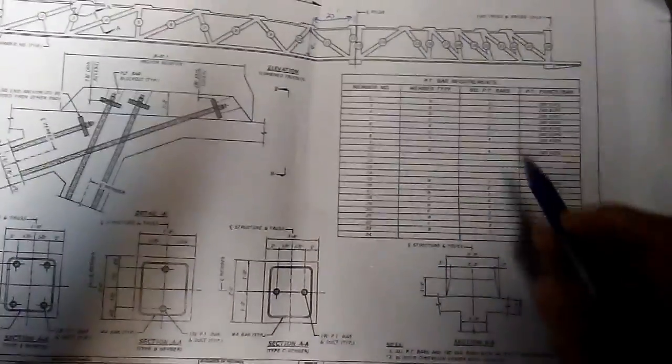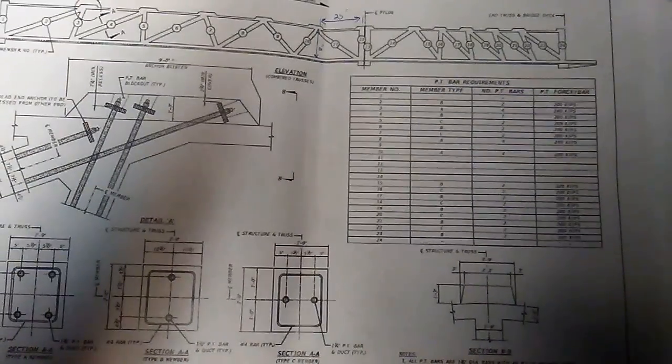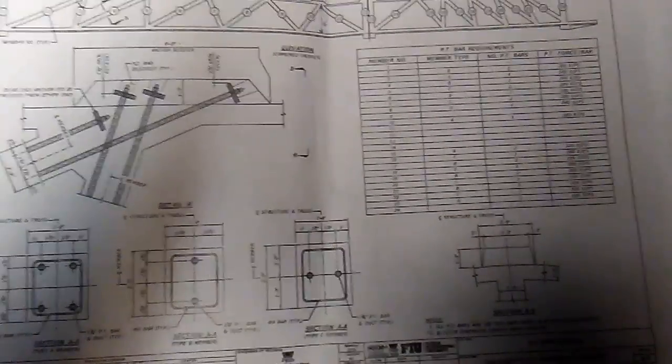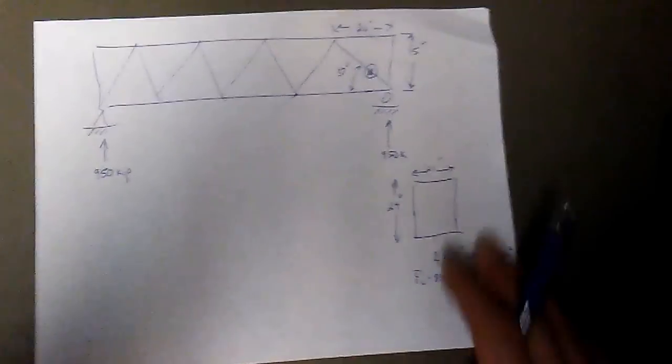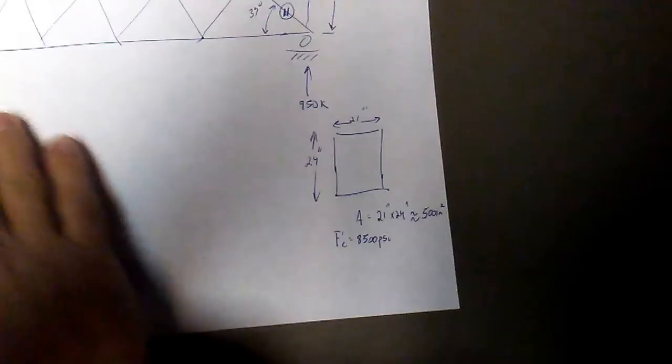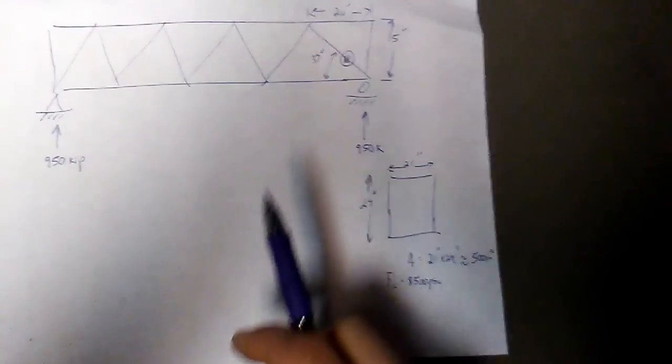So let's get started here. Member 11, we know, failed, and we know that member was in compression. We also know that the bridge weight was approximately 950 tons. Looking at the bridge here on this rough sketch, we know that the bridge weighed 950 tons.